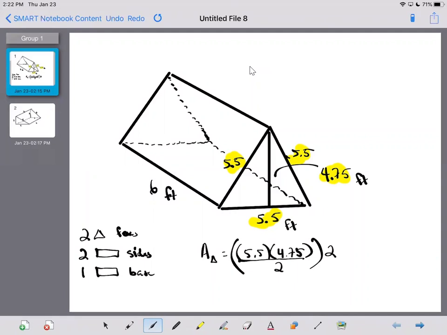So 5.5 multiplied by 4 7/75 would equal 26 125 thousandths divided by 2. But I want to figure out, what's the total?